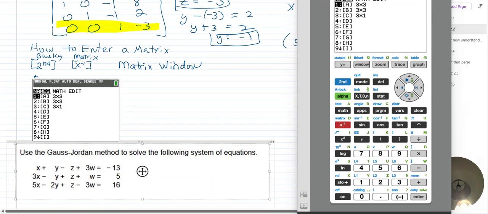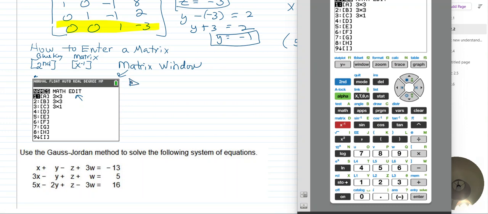So this is the matrix window. We want to edit. Arrow over to edit. Okay. That means you arrow over and go over to get edit. When you get to edit, watch, okay, it highlights one and enter.